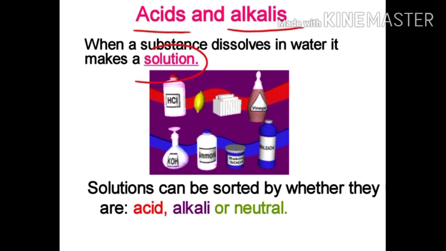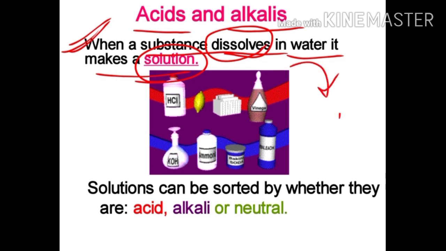One terminology I told you, that solution is something which is dissolved in water. So the statement written over here, when a substance dissolves in water it makes a solution, means they should dissolve and give one single phase, so they will be called a solution.